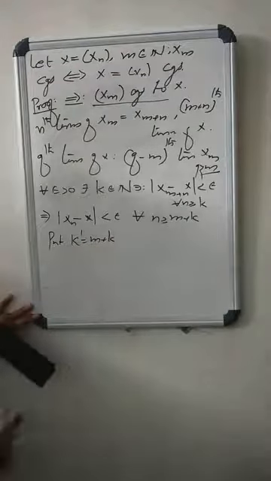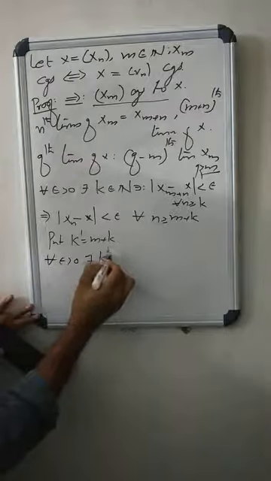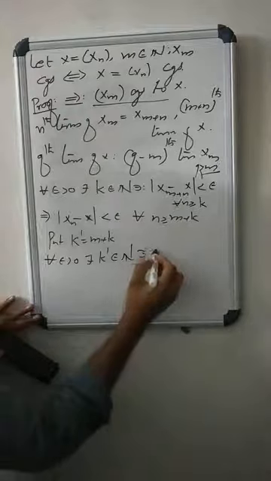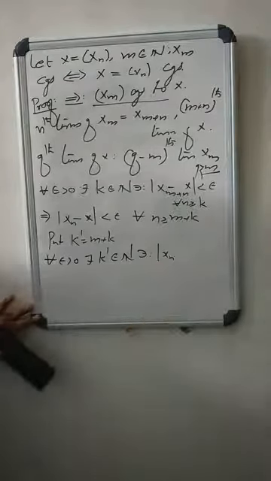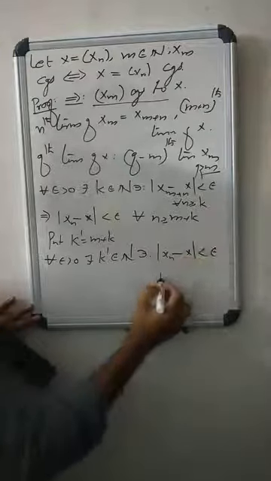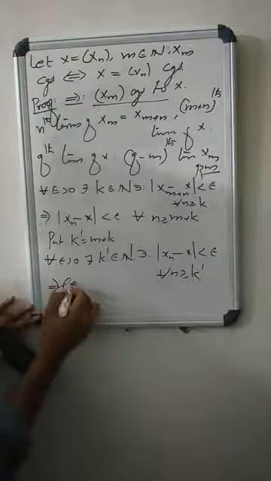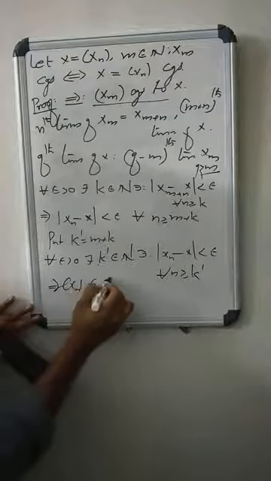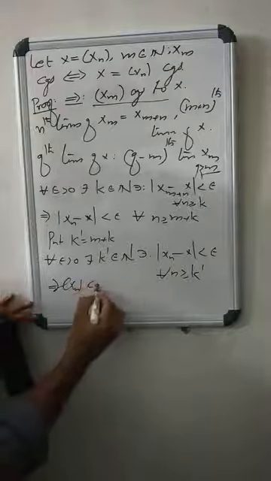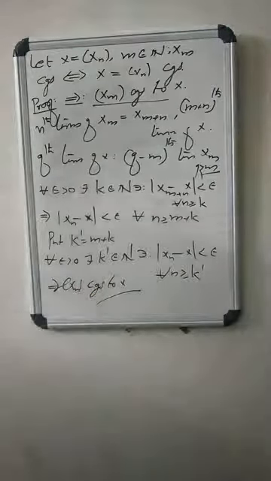So what you get is, for all epsilon positive, there exists some k dash, since m and k are natural numbers, such that modulus of x_n minus x is strictly less than epsilon for all n greater than or equals k dash. That means the sequence x_n converges to x. So this is the necessary argument.